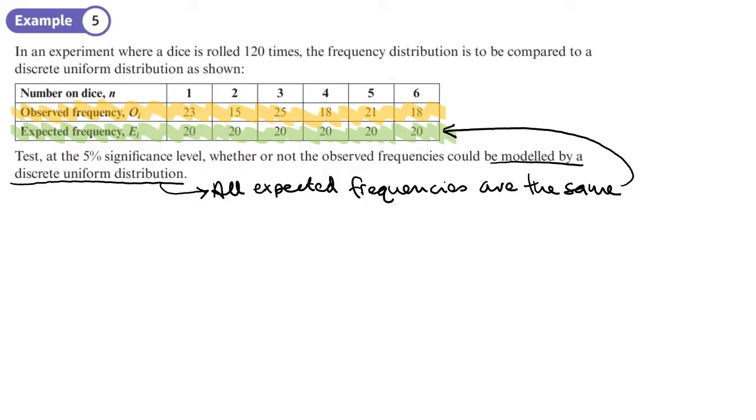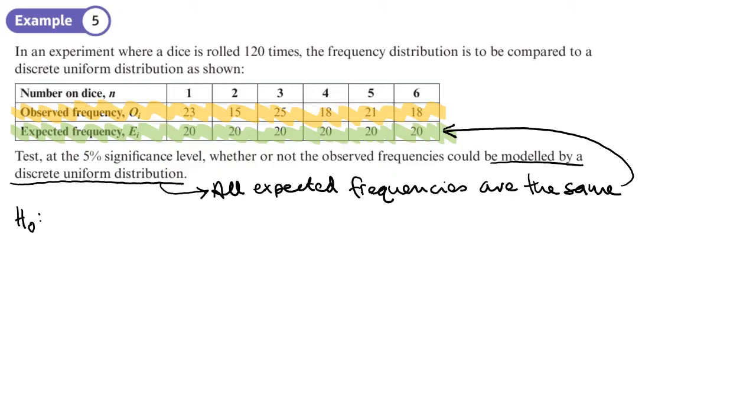If we're doing a hypothesis test at 5%, we need to write down the null and the alternate hypothesis. It's pretty straightforward, almost like writing down what's in the question.